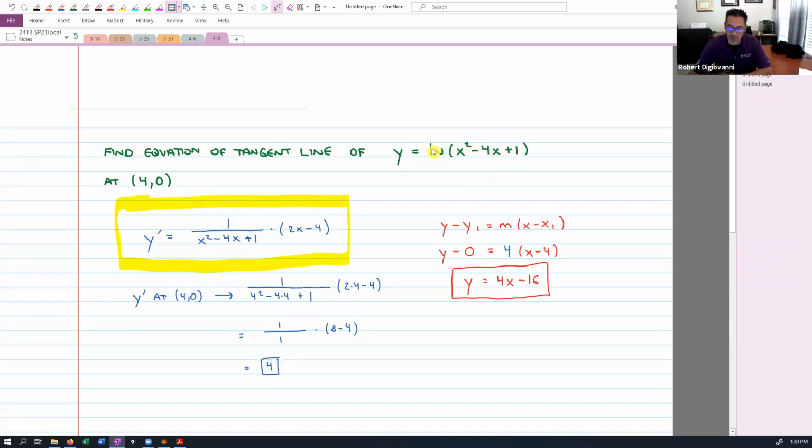So you can't just pull the 2 out. Since this isn't a product or a quotient, we can't split it into 2 logs. So this problem doesn't lean towards the logarithmic differentiation technique, and the derivative wasn't that bad. It's just 1 over that, times the derivative of the inside. We're done.